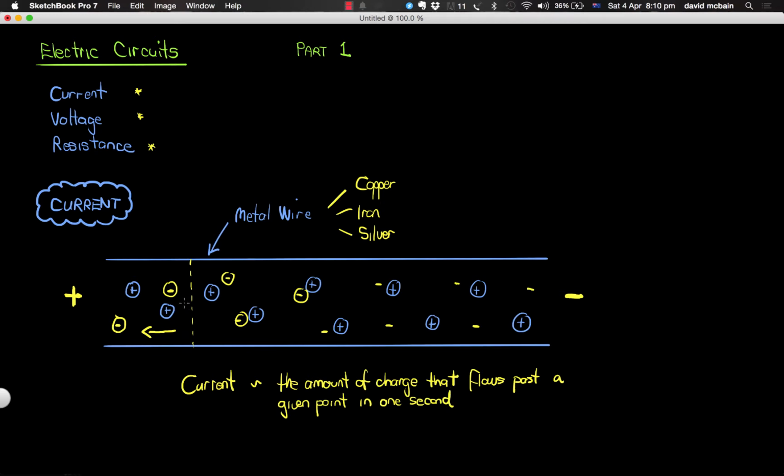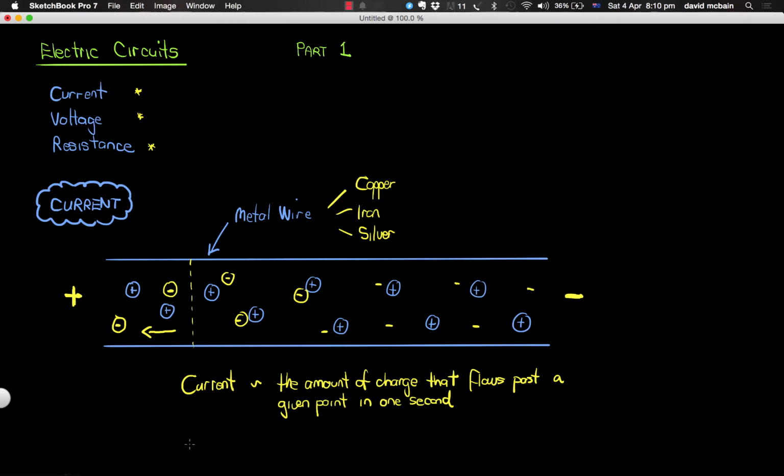Now, if we were actually counting individual electrons, the numbers we'd be dealing with would be astronomical. There would be trillions upon trillions upon trillions of electrons passing that line in 1 second. And so we come up with a more convenient way of counting electrons, and that is the Coulomb.